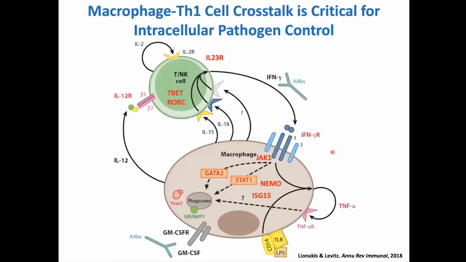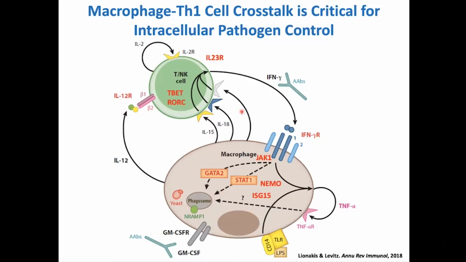And what's absolutely critical to remember here is what you've all learned through the years about what's important for handling mycobacteria in the macrophage, which relies really heavily on the crosstalk between lymphocytes that produce interferon gamma that then binds to its receptors, activates JAK-STAT signaling to inhibit growth of intracellular pathogens within the macrophage, and then the macrophages make IL-12 that binds to its receptor on lymphocytes and creates this feed-forward loop that is absolutely critical for activation of the immune response to defend against intracellular pathogens.